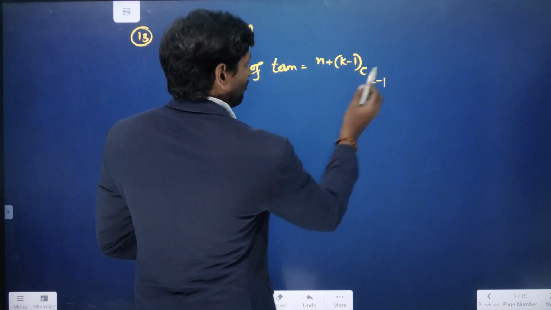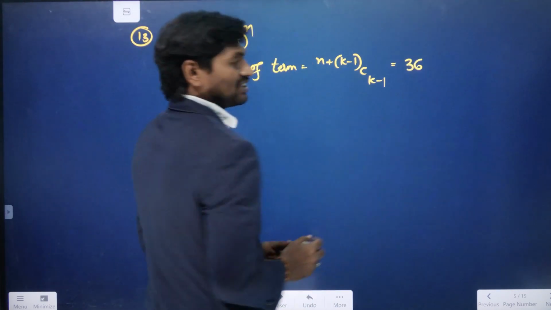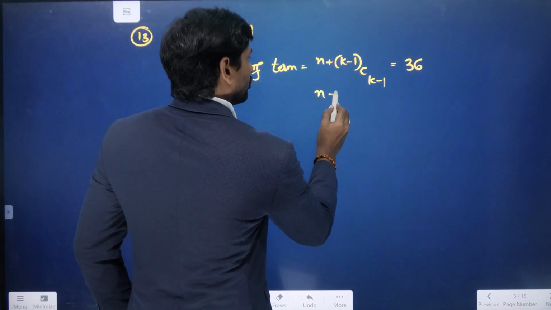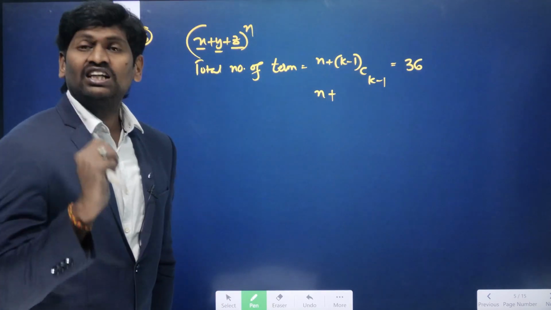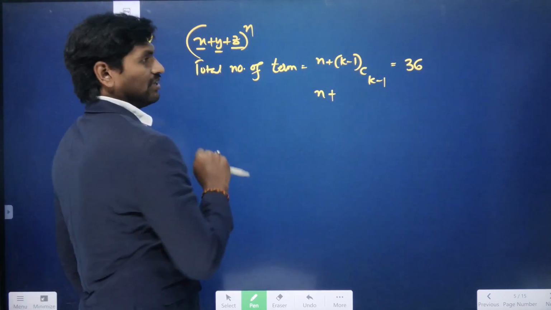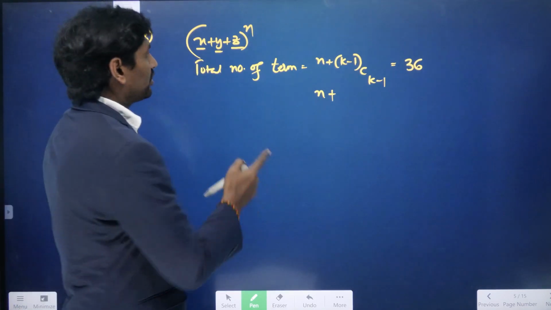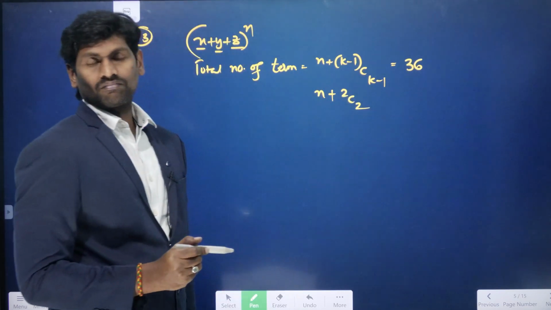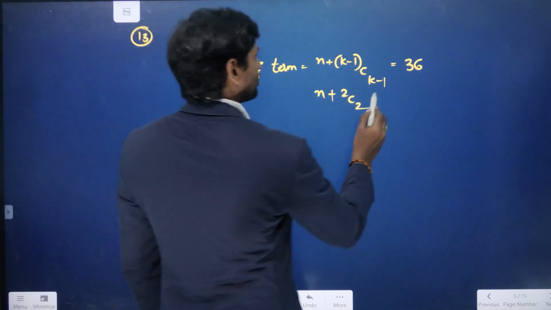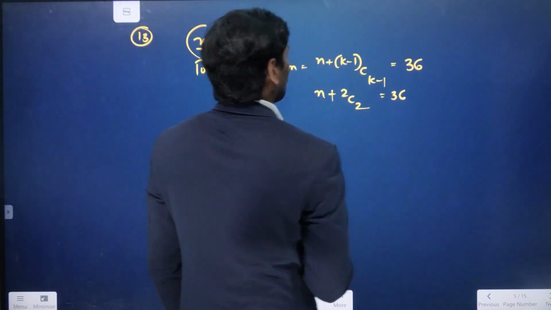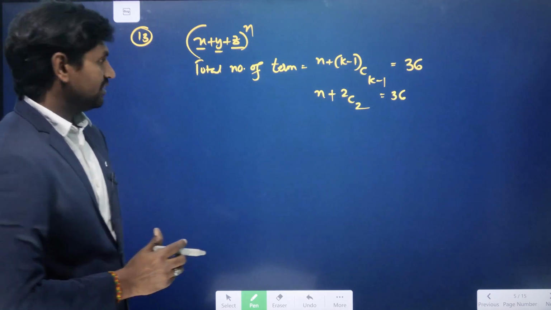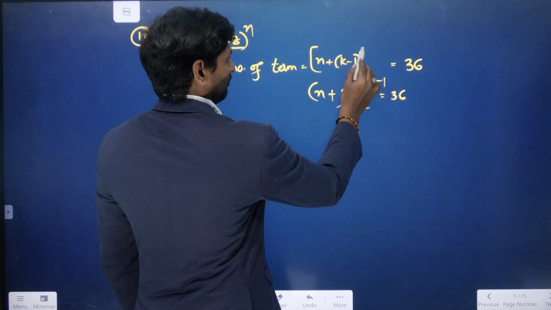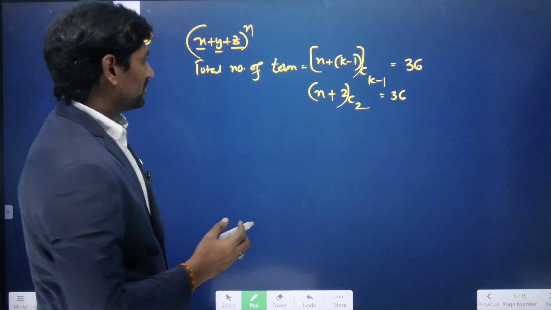So n we don't know, but its value equals 36 it seems. So in the place of n, we write n, and it is a 3-termed polynomial, nothing but a trinomial, so in the place of k we have to take 3. 3 minus 1 is 2. (n plus 2) C 2 equals 36. Okay?